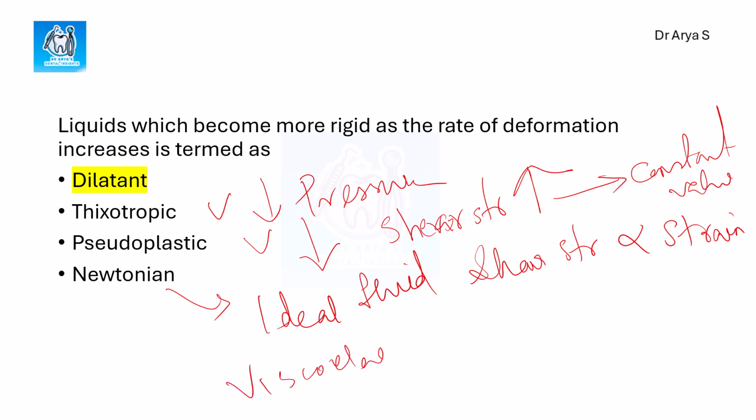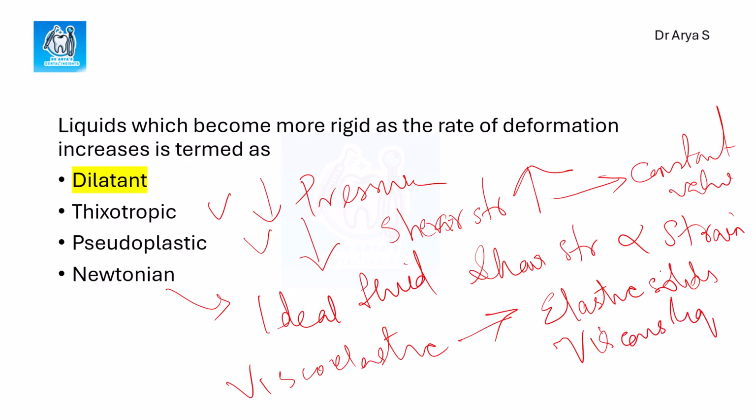Viscoelastic means it is a characteristic of polymers that behave as elastic solids and as viscous liquids. So it behaves both as elastic solid and viscous liquid.